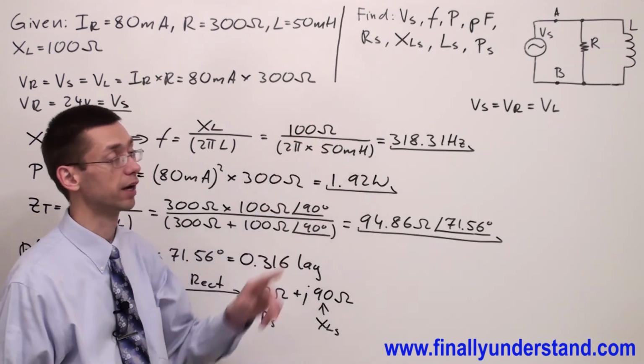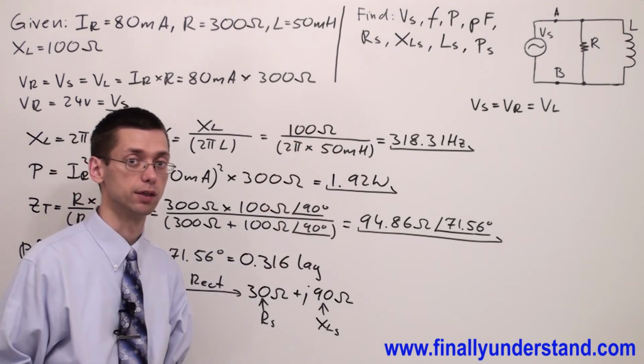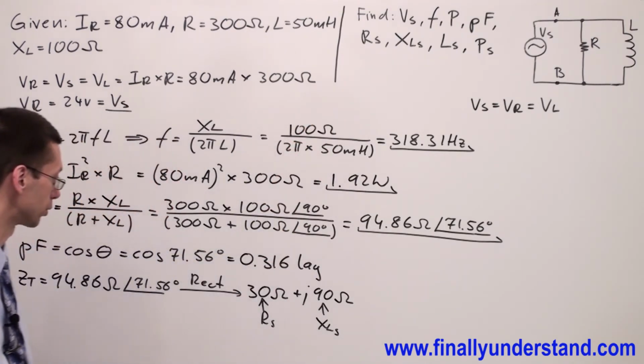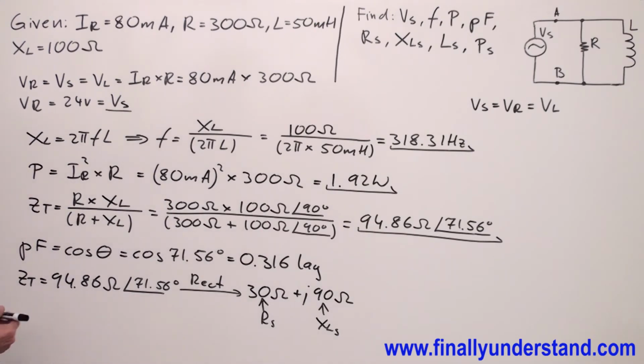Next, I'm supposed to find the inductance of the inductor in the series equivalent circuit. Again, we're supposed to use the formula for the inductive reactance. So I have X of Ls is equal to 2 pi F Ls. In order to find Ls, I have to solve this formula for Ls.